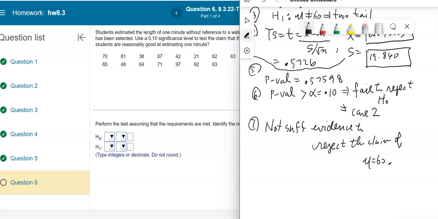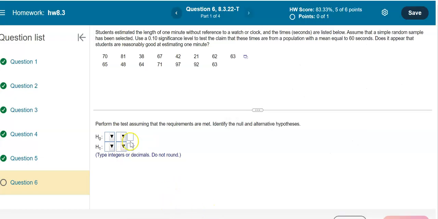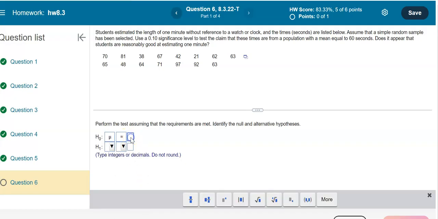So people are pretty good at estimating 60 seconds. That's what it means. Okay, so H null is mu equal to 60. This one is mu not equal to 60 because it's two-tailed.